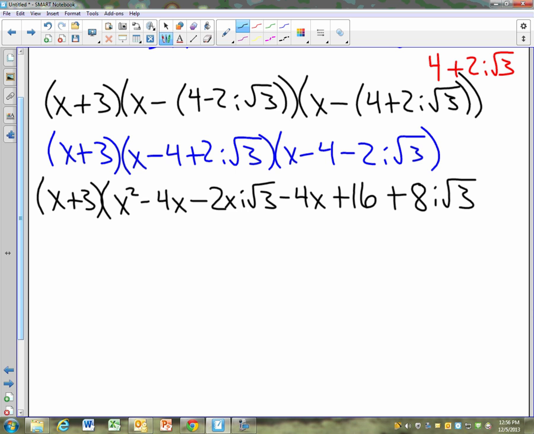As I said last hour, we're on the home stretch. We are! Got the last one here. We have 2i roots of 3 times x, and that's going to give you positive 2xi roots of 3. We have 2i roots of 3 times negative 4, negative 8i roots of 3.